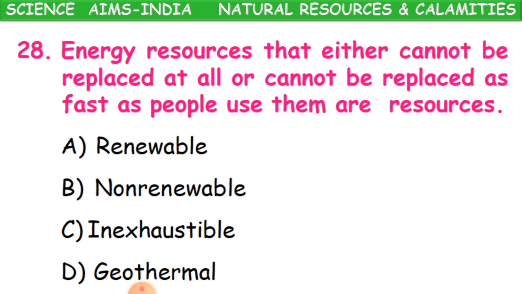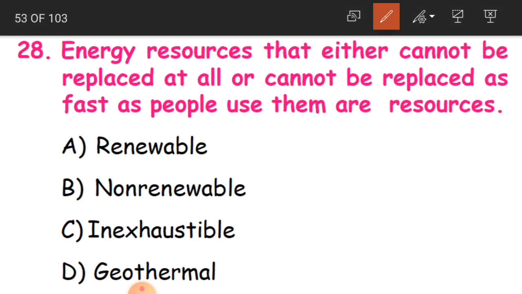28th question. Energy resources that either cannot be replaced at all or cannot be replaced as fast as people use them as resources. So energy resources, like we have learnt about wind, solar, and biofuel and all that.